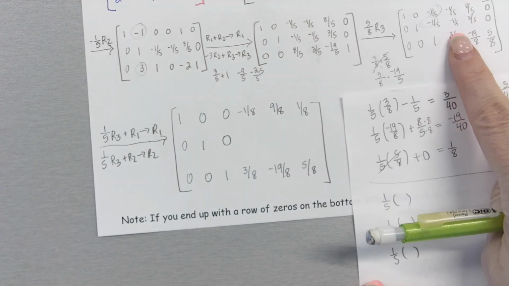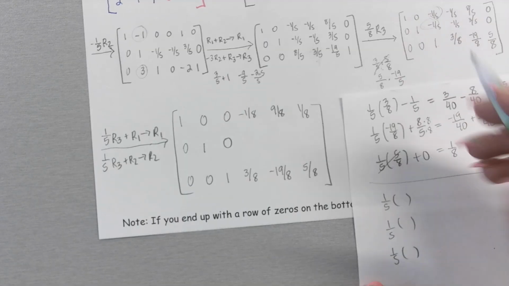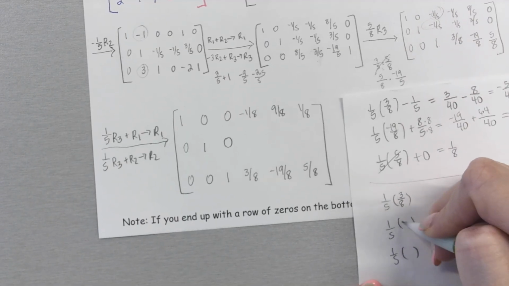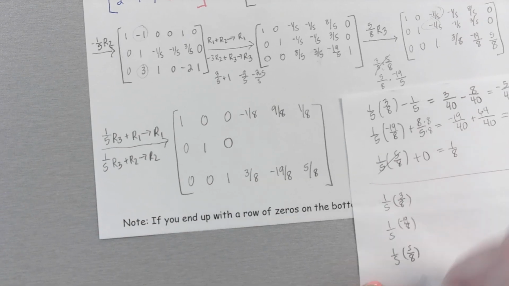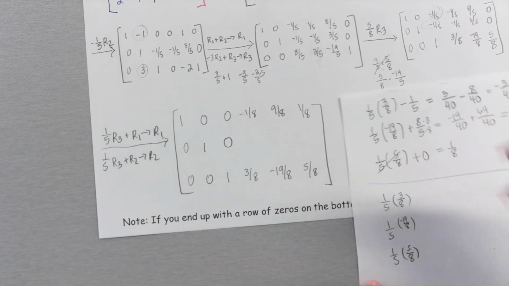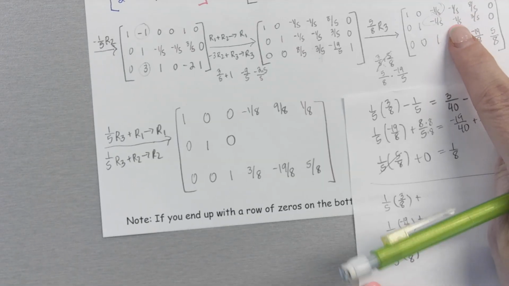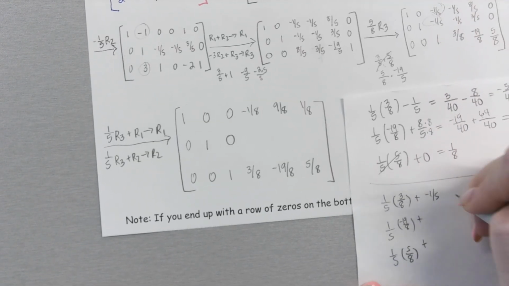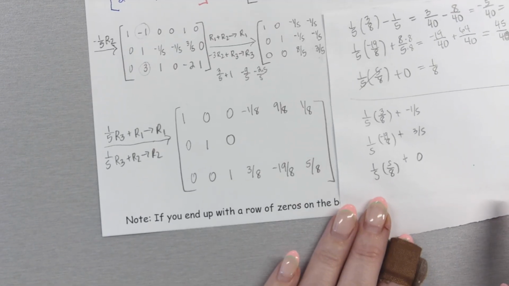And then this is where we have to pay attention. So I have the 1/5 times the 3/8. Then I'm going to multiply the negative 19/8. Then I'm going to do the 5/8. And then I have to add it to row 2. So let's see what's above it in row 2. Here I have negative 1/5. Here I have 3/5. Here I have 0.